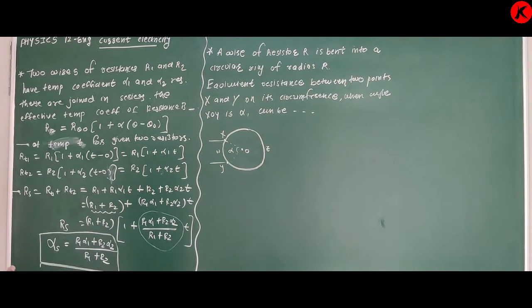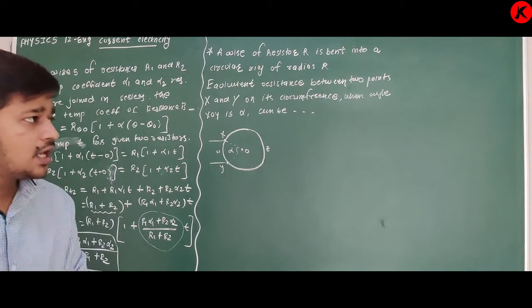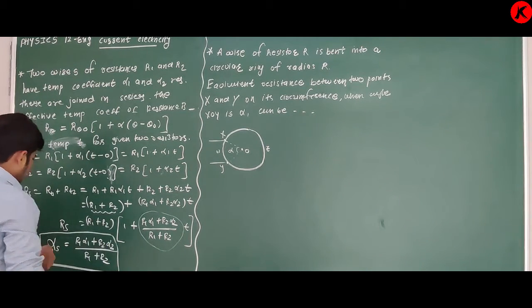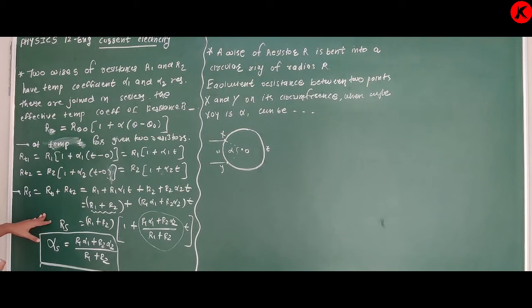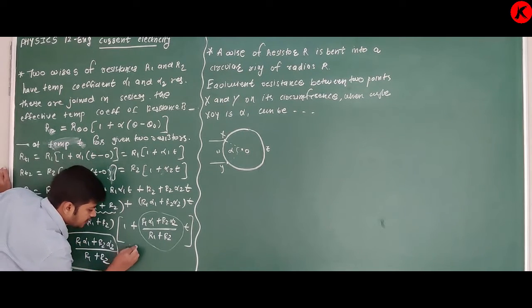This is one question that you have to remember. Now see, in this question, if it is given that at 0 degrees Celsius the resistances are the same, meaning R1 and R2 are the same, then what happens? That is additional information.